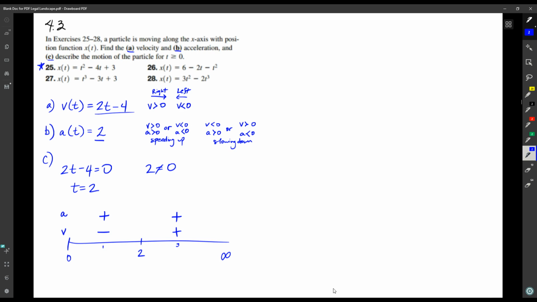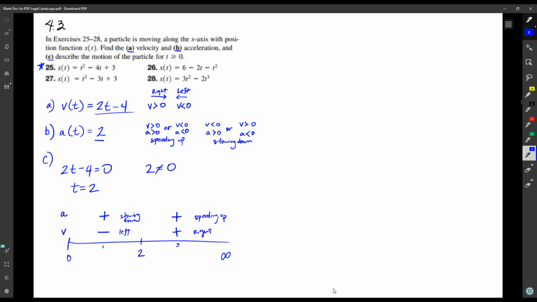So it looks to me like from 0 to 2, we're moving left and we're slowing down because we have opposite signs on our acceleration and velocity. Looks to me like from 2 to infinity, we are moving right and we're speeding up. So that's the answer we want to give. We can do that a little bit more formally.